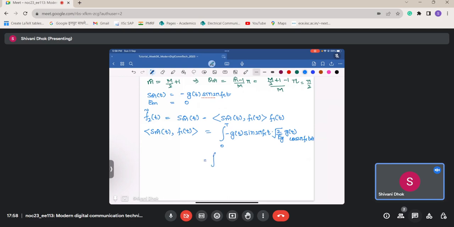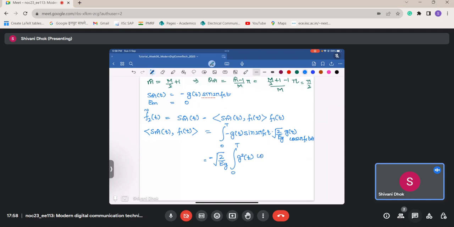This comes out to be minus root 2 by Eg, integral 0 to T, g square t, sine 2 pi fct multiplied by cos 2 pi fct.